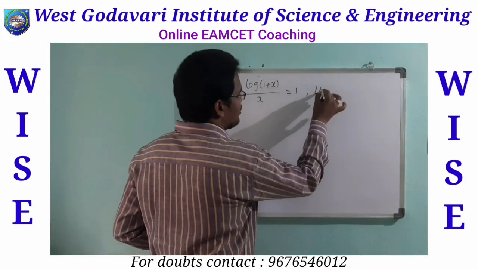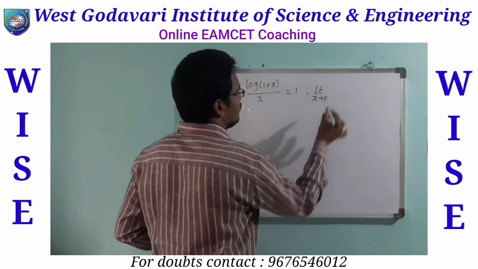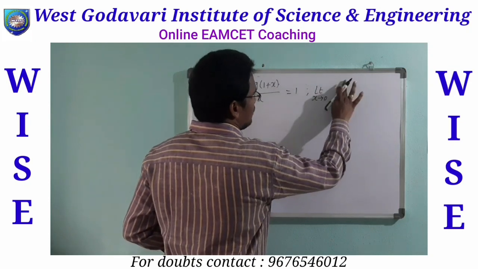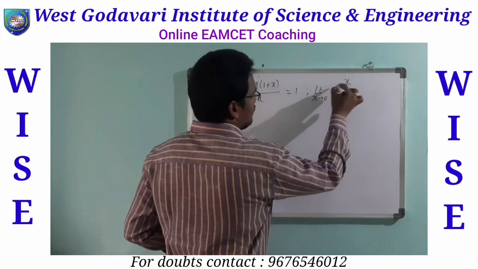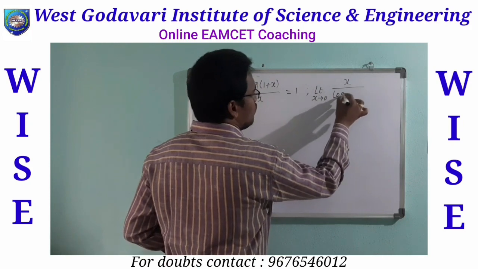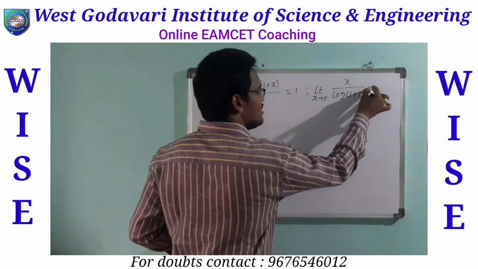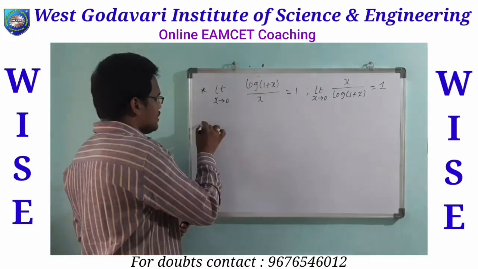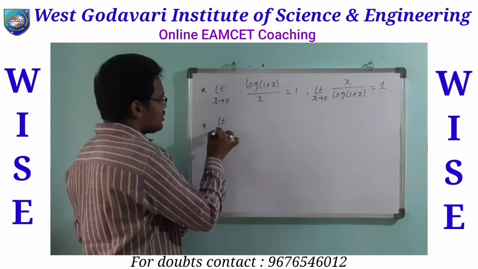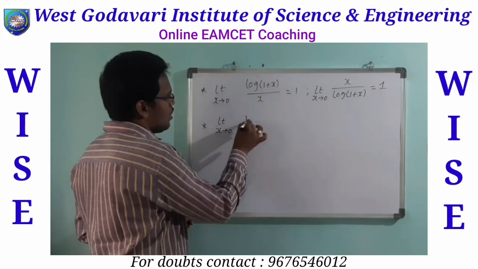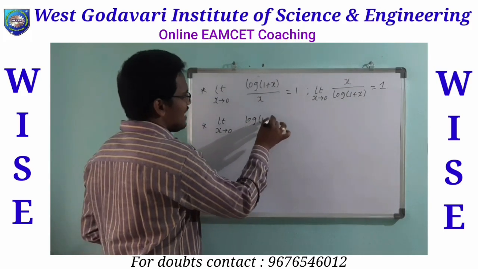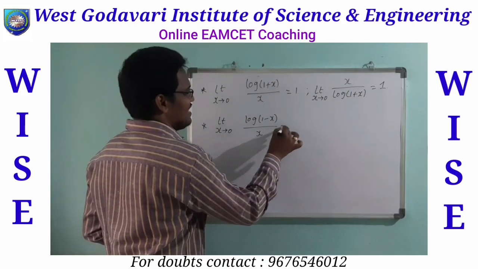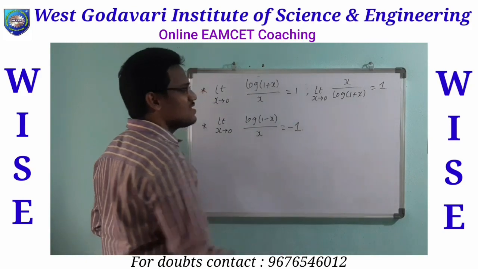or limit x tends to 0, x by log 1 plus x is again 1. Limit x tends to 0, log 1 minus x by x is equal to minus 1.